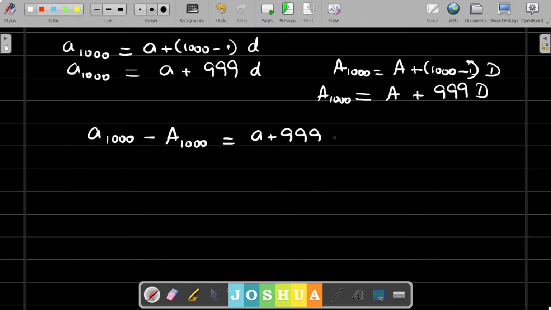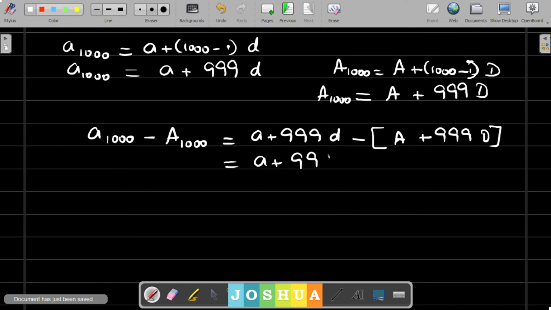What is the first equation? a plus 999d minus (capital A plus 999D).